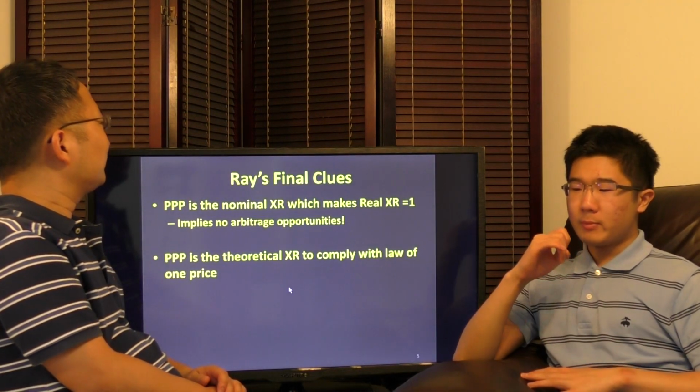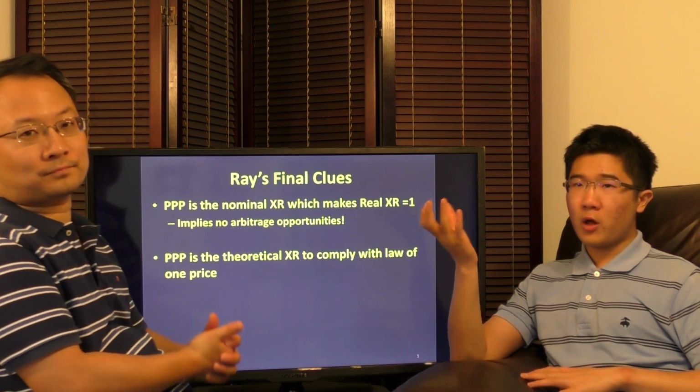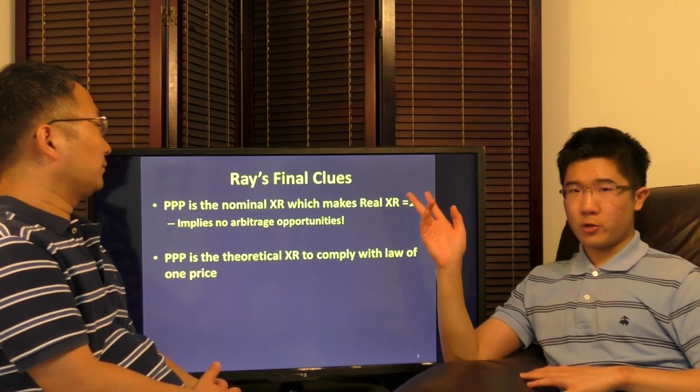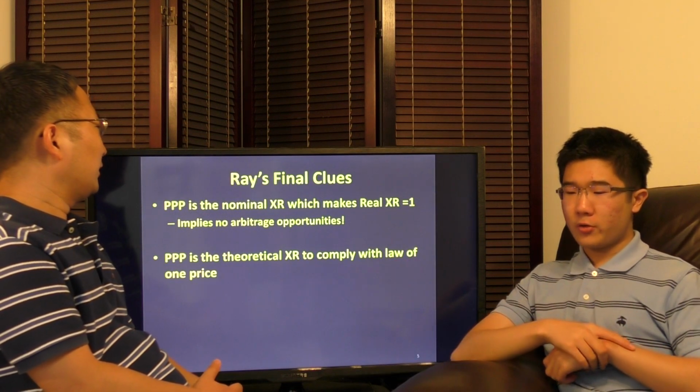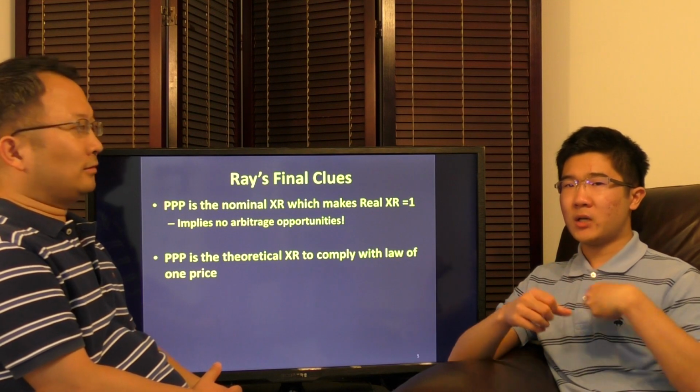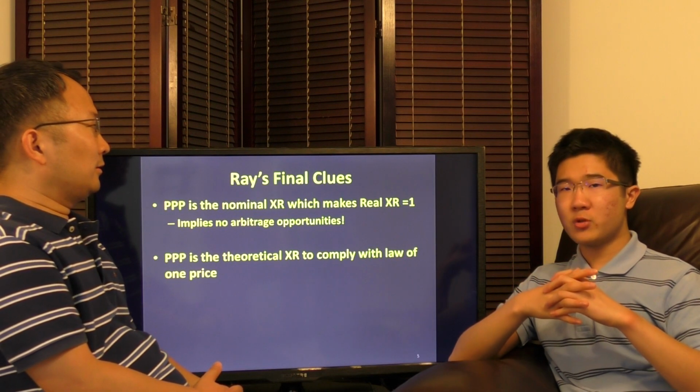So for our final clue, PPP in the theoretical world, if we follow the law of one price, is basically the nominal exchange rate when the real exchange rate equals 1. This implies that there are no real arbitrage opportunities between two countries, because the prices in the two countries, once adjusted for exchange rates, should be the same.